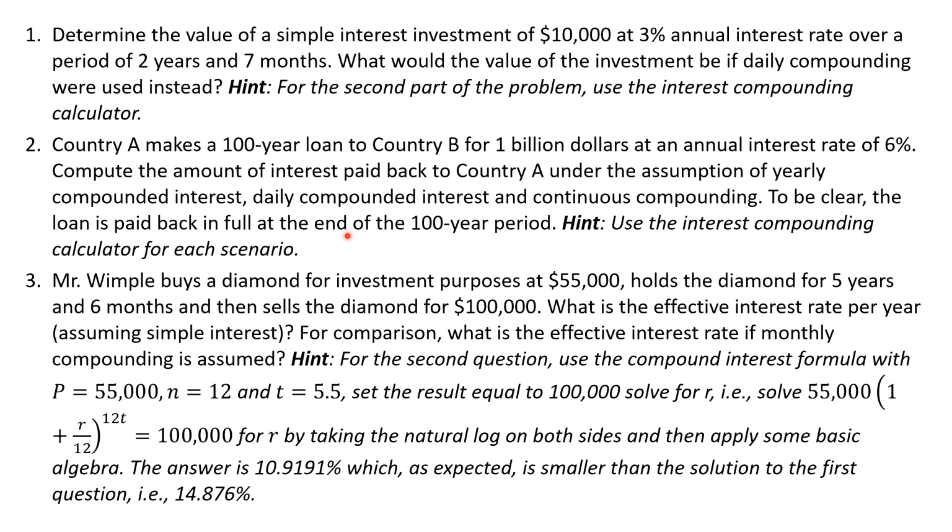To be clear, the loan is paid back in full only at the end of the 100-year period. So country A is maybe not really doing a favor to country B. It's assuming this is a good bet if inflation is more than 6% over the 100 years. If inflation is very low over that period, then country A makes out better.